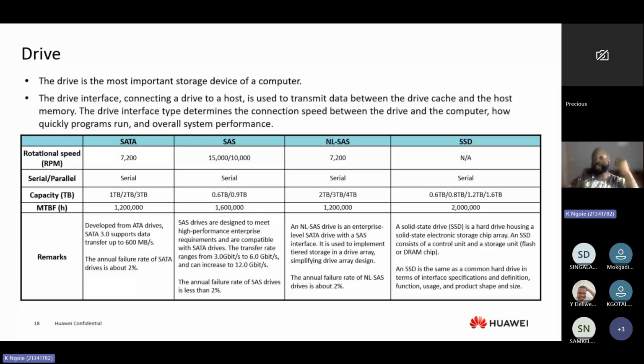We need to understand the drive is just a hardware device that provides long-term storage. Why do we say long-term storage? When we refer to the memory, we refer to the RAM, for example. The RAM just keeps information temporarily and uses that information. The drive is the main storage.